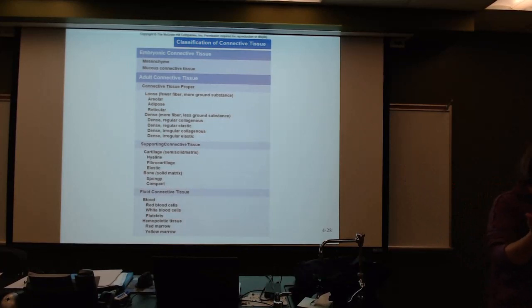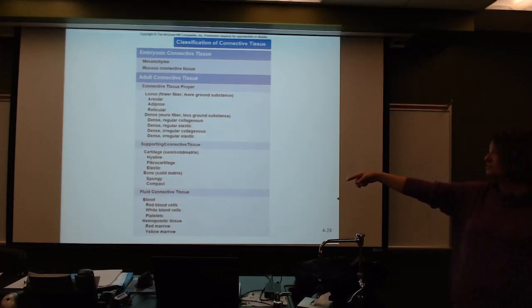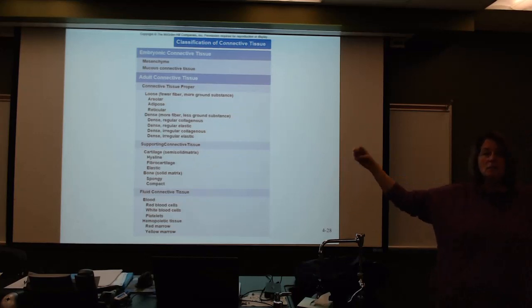We know, however, we tend to think, well, bone is hard, okay? Cartilage, hard, but not like bone, okay? But guess what? These are considered connective. So cartilage, and in the body, we have 3 types.